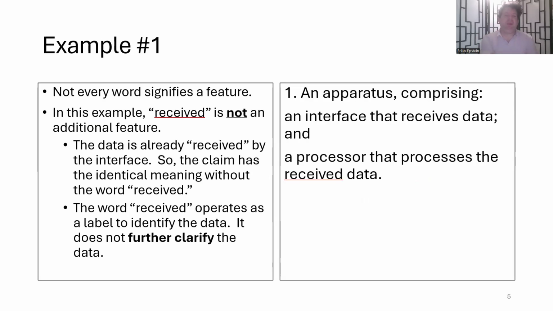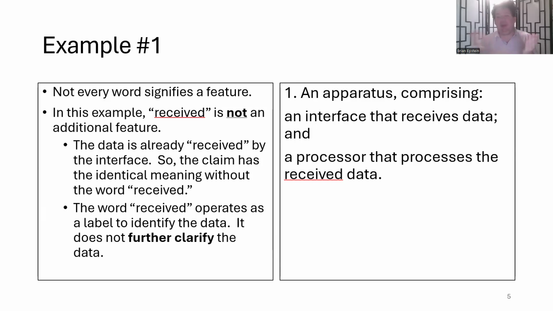Number one. Not every word signifies a feature. Okay. In this example, the word received is not an additional feature under my definition. And I think that's actually consistent, right? While I'm saying this, I'm thinking about, for example, how abstract ideas are discussed at the USPTO and how we sometimes refer to additional features.